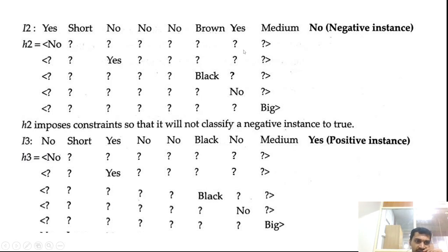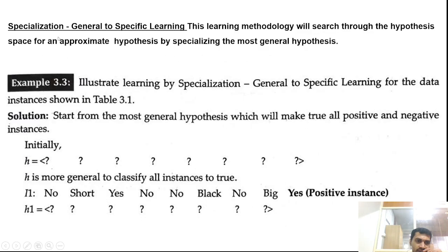First, I can define the first hypothesis of H2 in this way: question mark, and any one attribute defined as yes. Or in this way: color should not be brown, it should be black. Not no, it is yes, and here it is not yes.